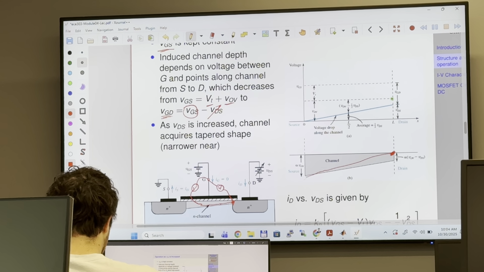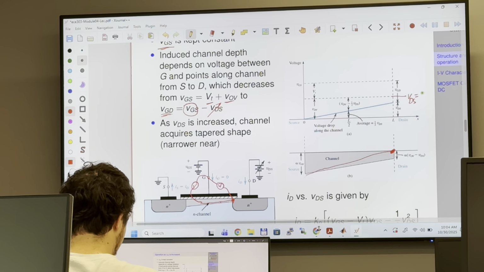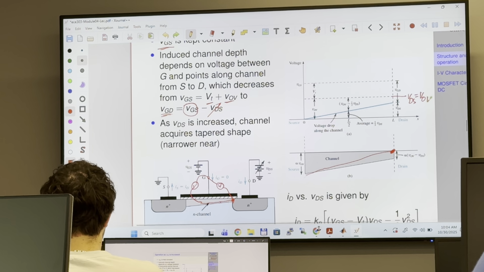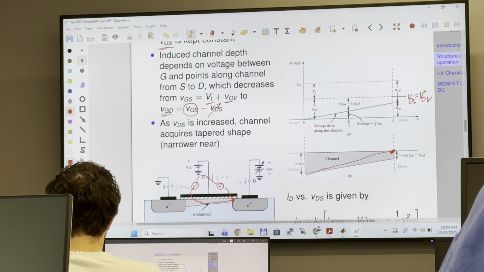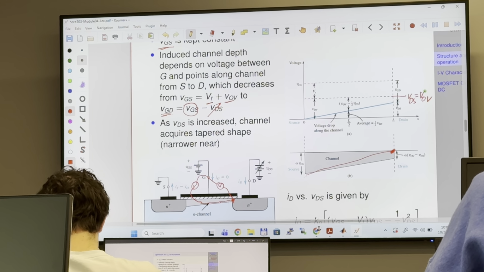So VDS, you can go up to this point, which is VDS equals overdrive voltage. So up to the overdrive voltage, your current is going to increase, just like a linear relationship because of the resistance.